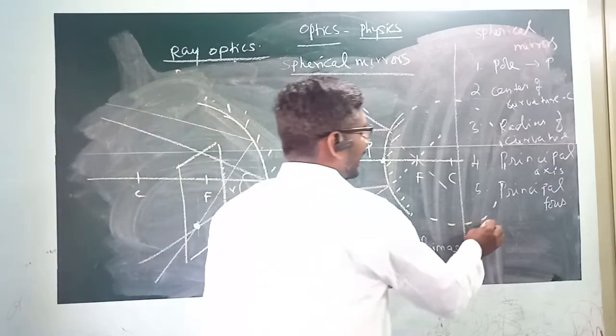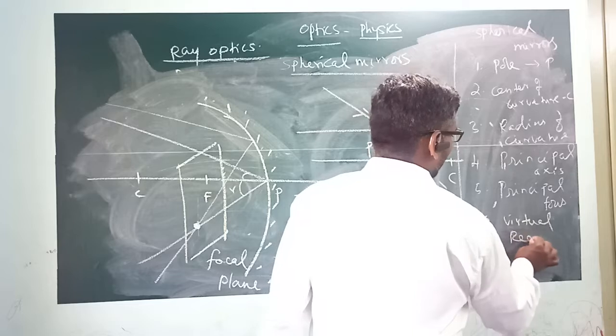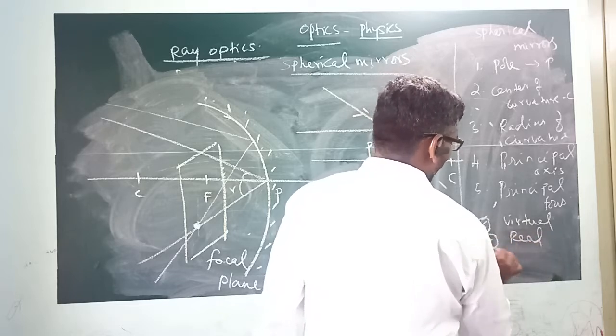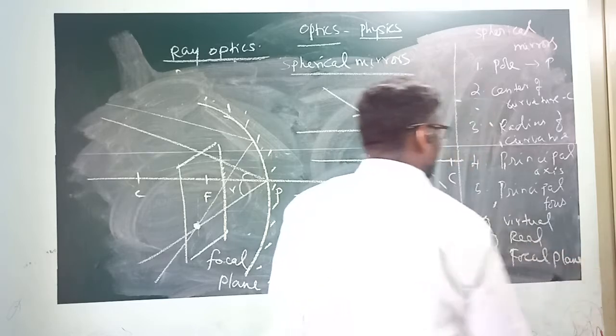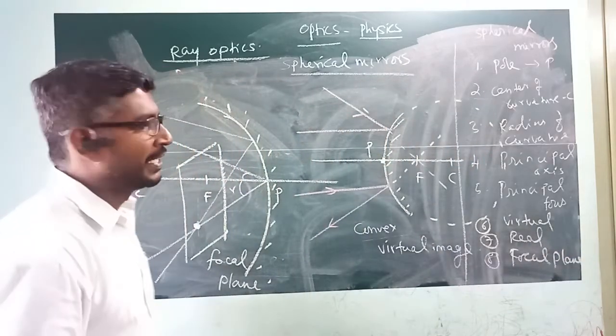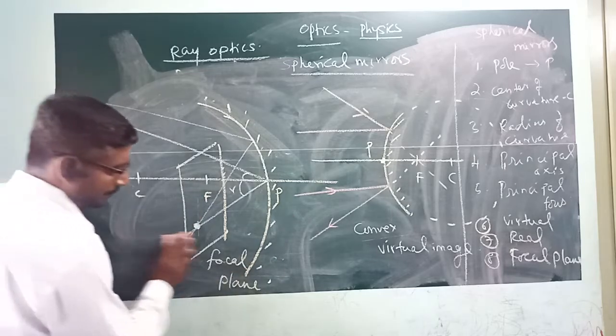So now you have an idea of a virtual image, a real image, and the focal plane. Only when you are thorough with these terms can you study ray optics in an easier manner. Now I am moving to the next concept.